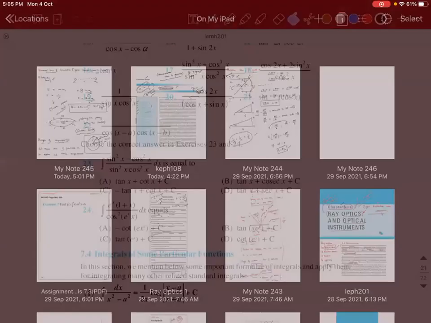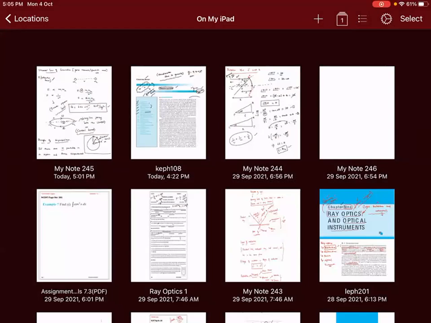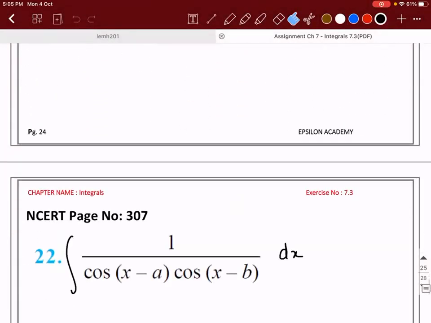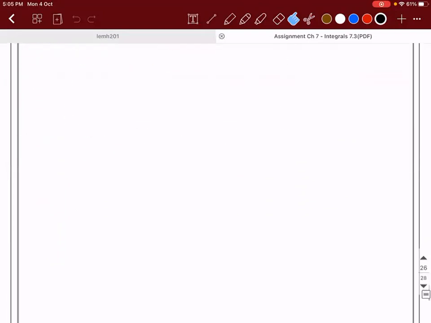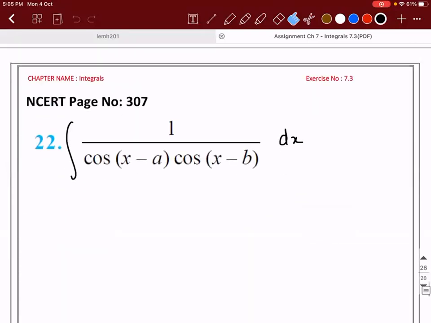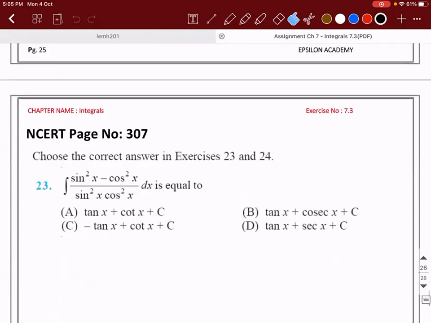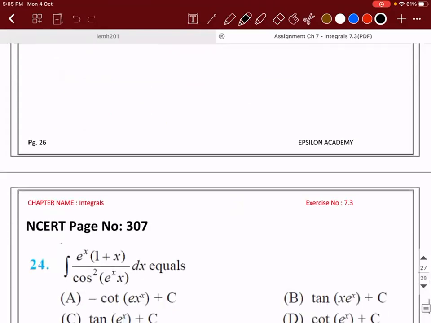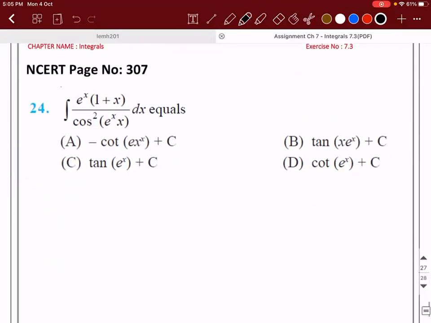Did we complete all the problems? Yes or no? We'll finish this part alone. 23rd, what is the answer? I remember doing all these things. I think 24th alone we have to do.